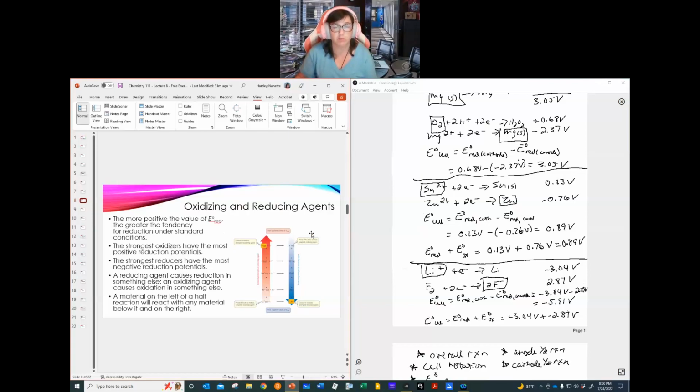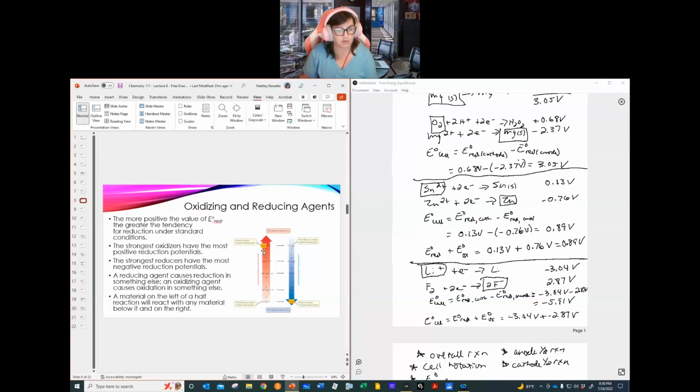So it's very favorable for it to do the reaction as it's written, and that's because it's so positive. Now, the strongest oxidizers have the most positive reduction potentials. So if they have the most positive reduction potential, they are likely to be reduced themselves, and they are causing oxidation in something else.